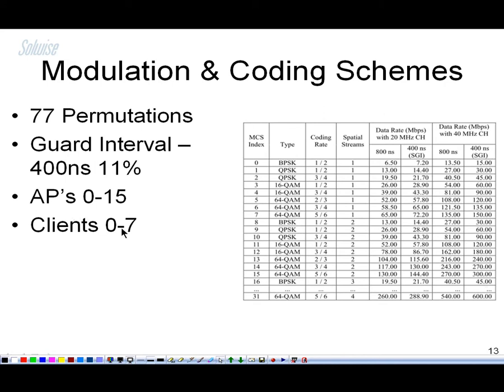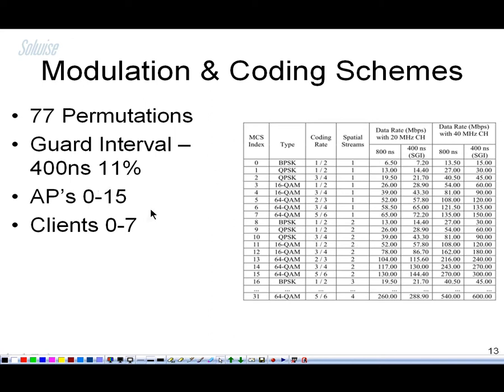Now, 11N clients, USB devices, PCI cards, whatever, only have to support 0 to 7. Now, that's important because if you've got an 11N access point which supports, for example, right up to MCS 15, giving you 300 meg, but you've only got a client which is supporting up to 150 meg, then don't be expecting to get a 300 meg throughput. You won't.